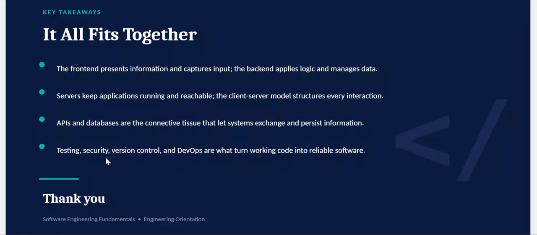So testing, security, version control, and DevOps are what turn working code into reliable software. When you test, apply security, apply version control, and then deploy on DevOps, your application comes to life. So these are what make your working code reliable software.